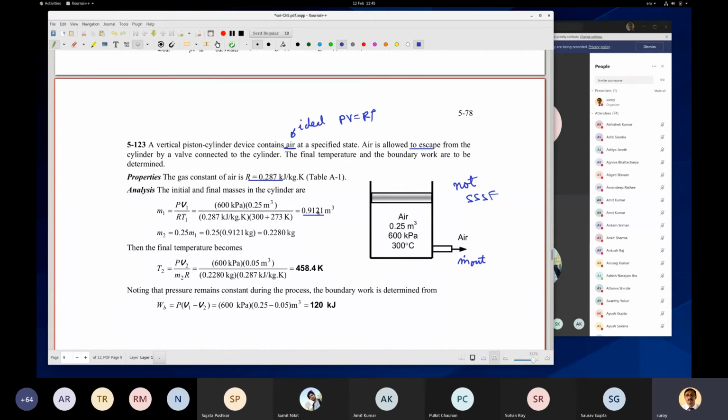So this is the mass, initial mass and final mass. Okay, final mass is known.